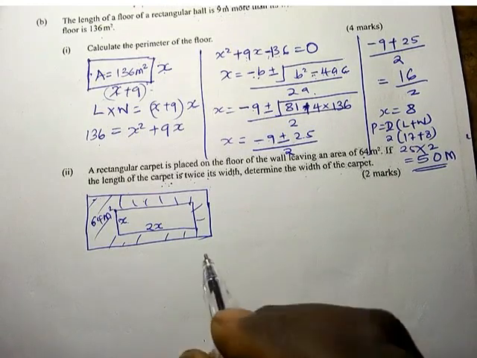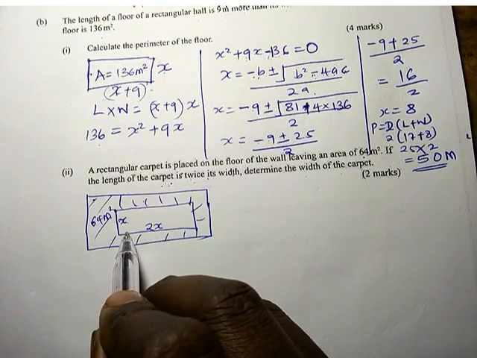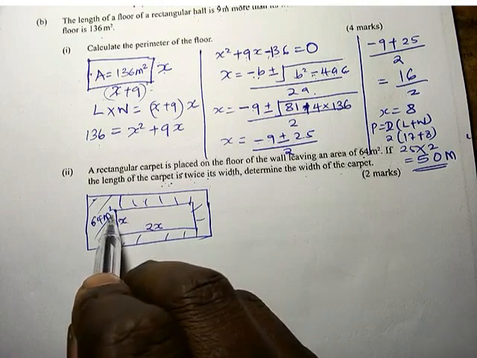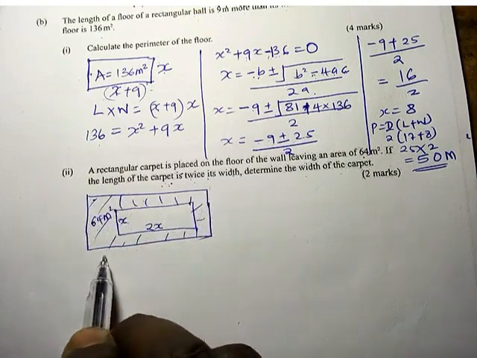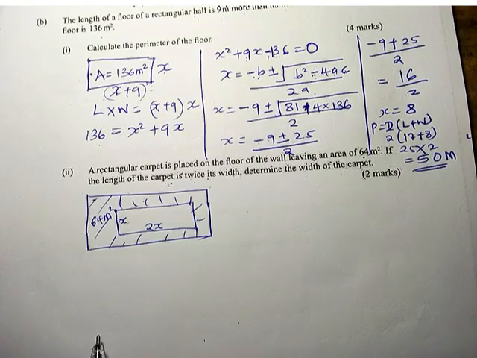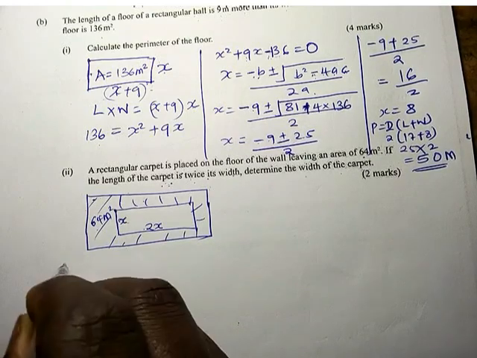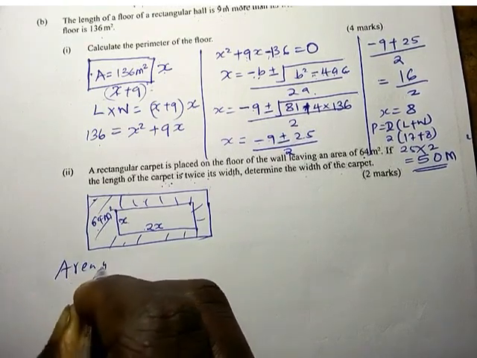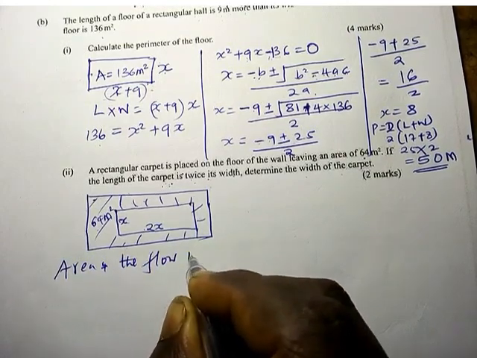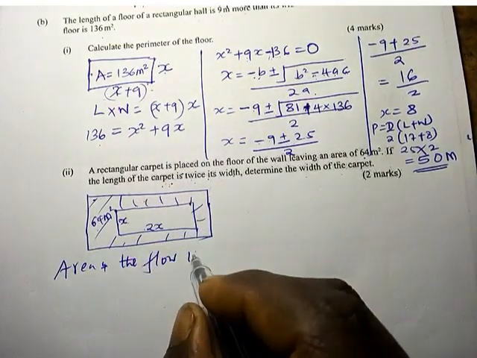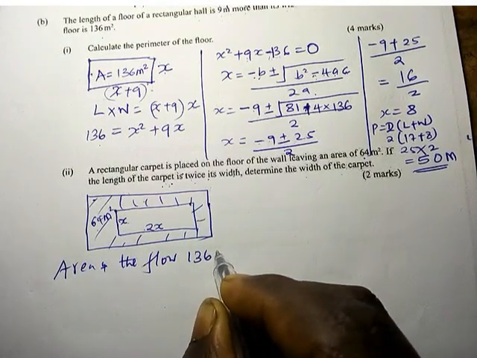So we know the area of this margin here that remains, and we know the area of the room. Now we can get the area of the carpet itself. We know the area of the floor was 136 meters square.